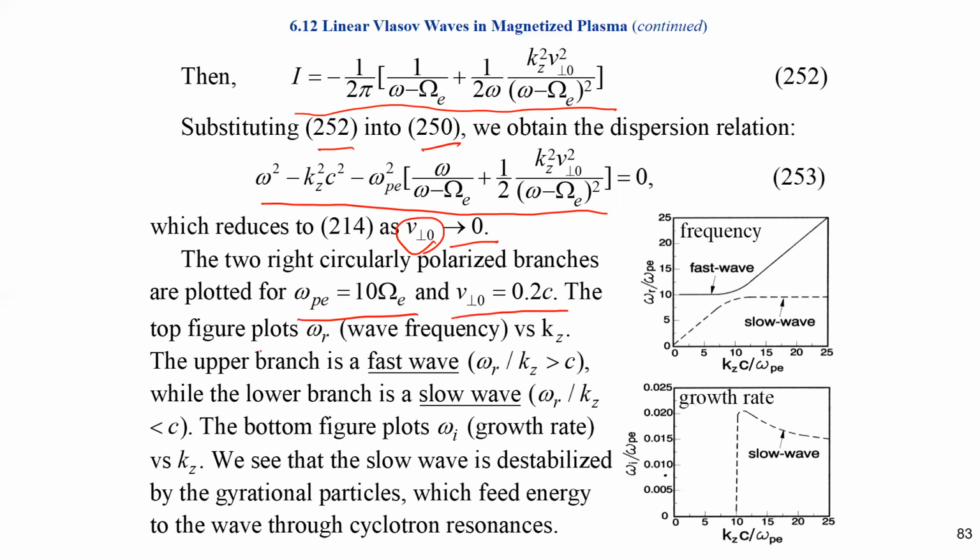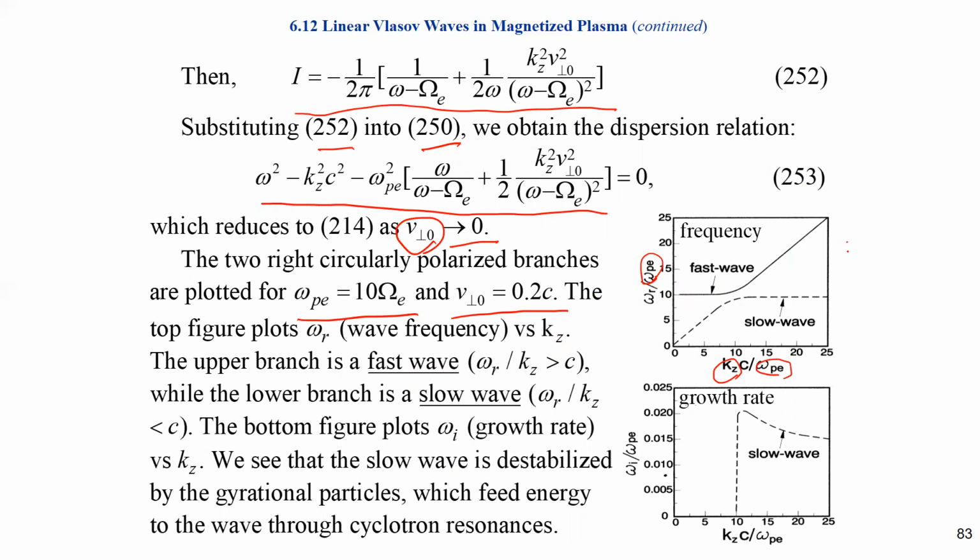The top figure plots omega r, the real part of the frequency, as a function of kz, normalized with the plasma frequency. The upper branch is a fast wave. 这个是 fast wave. What is a fast wave?